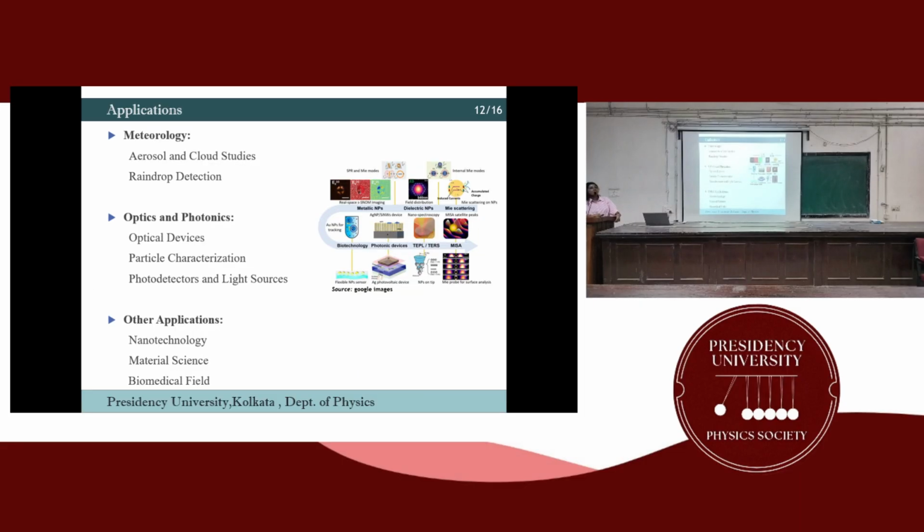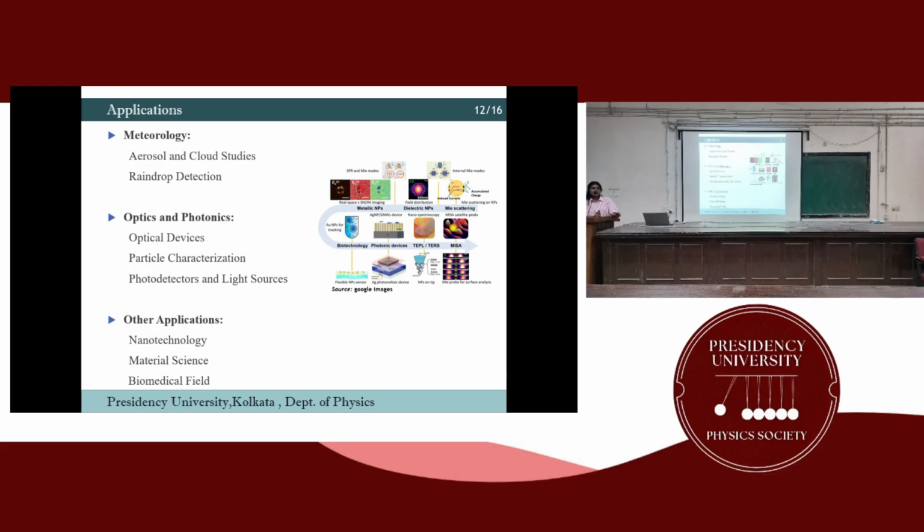Then Mie scattering applications are in various fields, like meteorology, aerosol and cloud studies, raindrop detection, and optics and photonics in optical devices. Mie scattering applications are also in photo detectors and light sensors everywhere, and in nanotechnology, material sciences, geological sciences and the biomedical field.